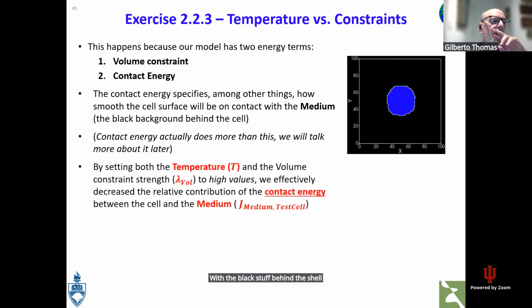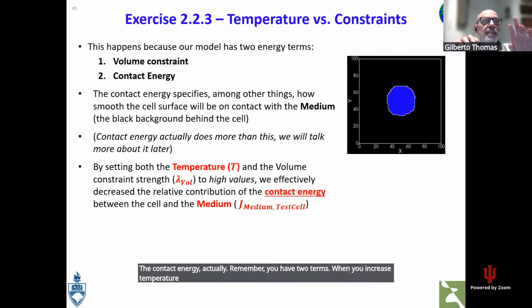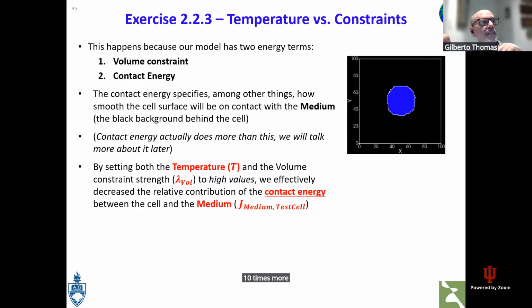But when we increase the temperature and the lambda volume, you are decreasing the relative contribution of the contact energy, actually. Remember, you have two terms. When you increase the temperature to 100, now you are dividing the contact energy by 10 times more than the volume energy. So the importance of the volume energy to the total energy is much bigger.